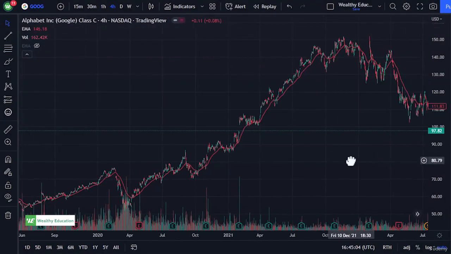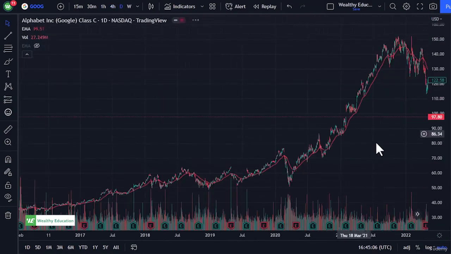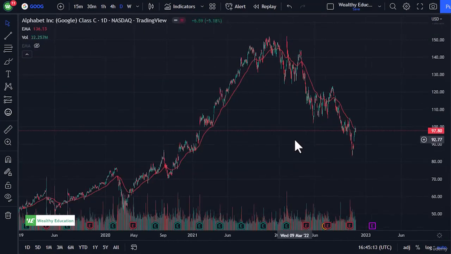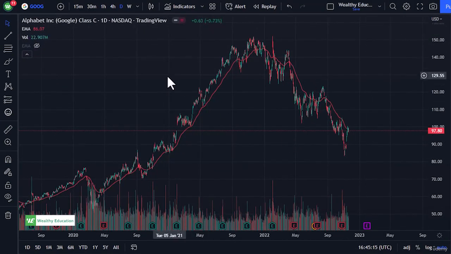Let's do Google, or Alphabet, here. Let's go to the daily chart. In this scenario, this isn't a typical wedge, but you can make an argument for a wedge here.